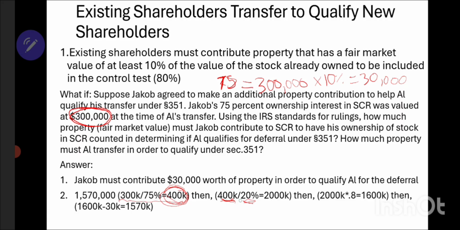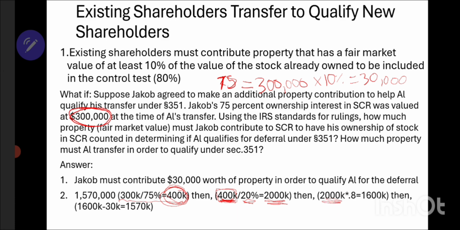So this $400,000 is how much capital has already been invested in SCR. Then if we want to know what 100% would be once we bring in our new shareholder, this is the calculation to find it.